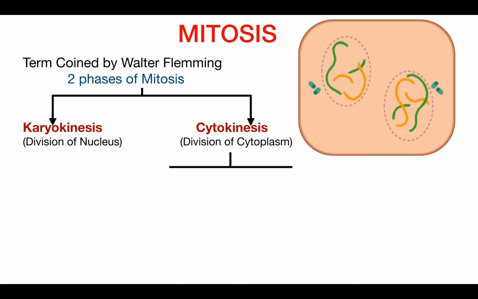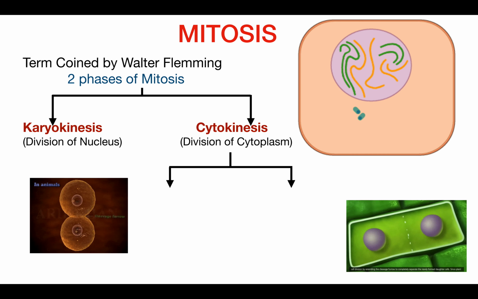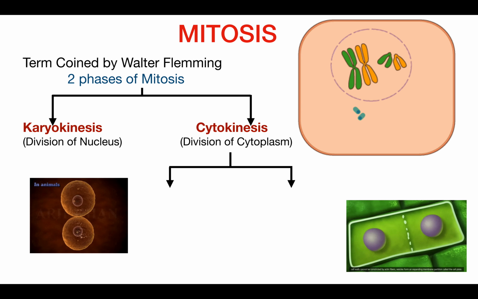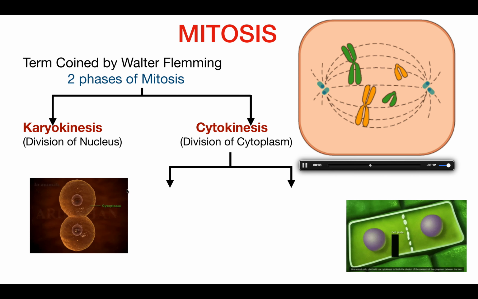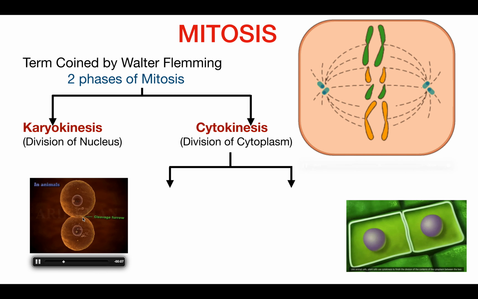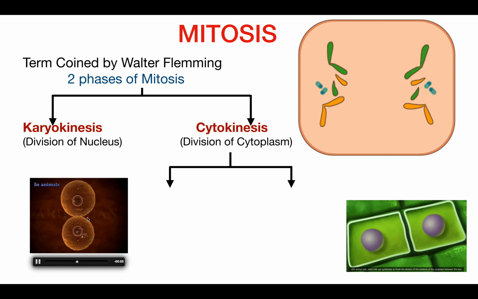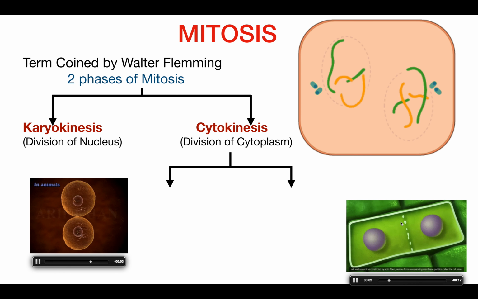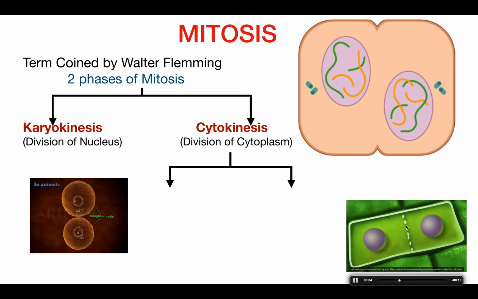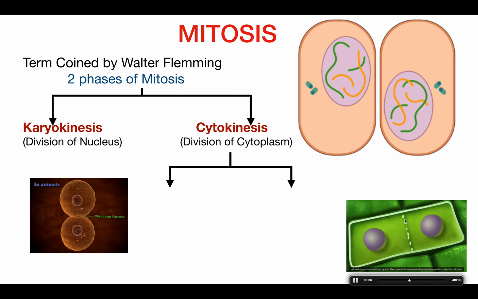Now let us talk something regarding cytokinesis. Cytokinesis in plant cells and in animal cells has some difference. In an animal cell you will find there is formation of a cleavage furrow, and in a plant cell you'll find there is formation of a cell plate.